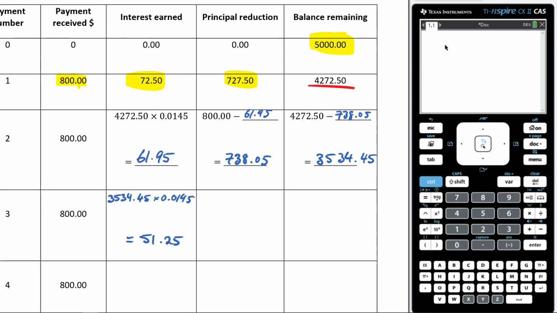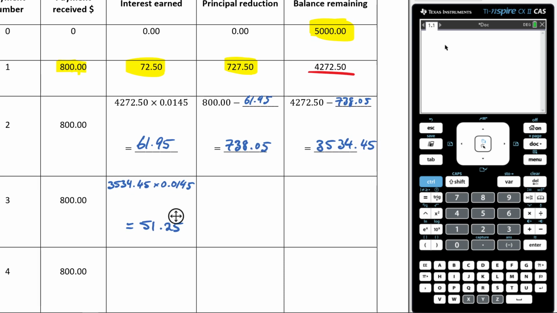Then for the principal reduction, we take the payment that we're receiving and reduce it by the interest, 51.25, and I end up with 748.75.